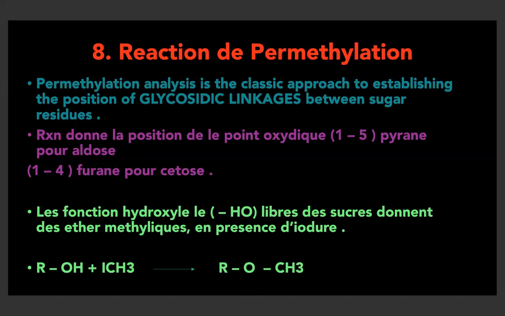So the permethylation reaction states we are supposed to have free hydroxyl functions to give methyl ethers in the presence of methyl iodide. So from the reaction of methyl iodide, we are going to obtain these methylic ethers.